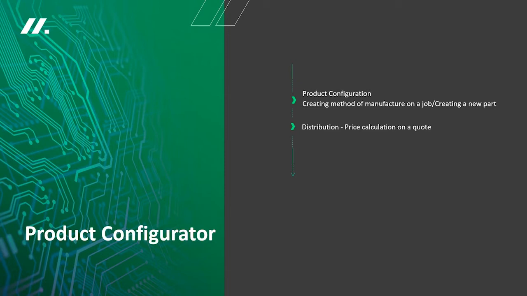It's purely purchasing and selling, but in this case, the configurator will help us with price calculation that will depend on many factors. Okay, so let's start with the first thing.